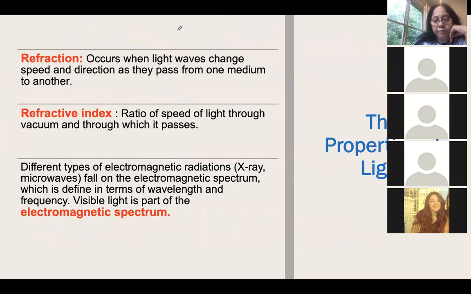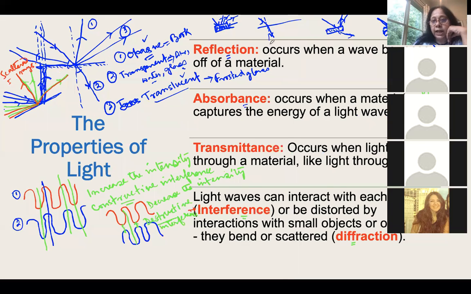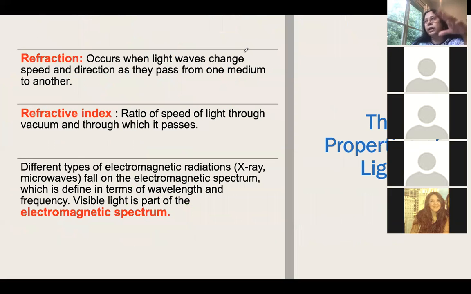Now the reflection. Okay, let me go back. Reflection, I told you what happens. Light falls and it bounces back. Means for reflection, light remains in the same media.